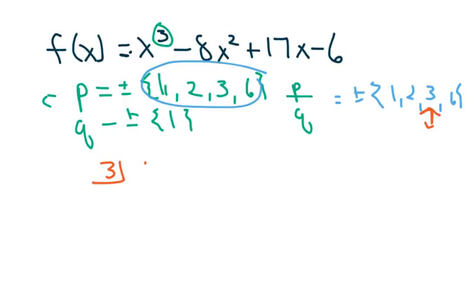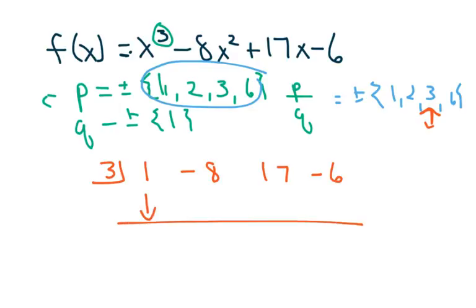So we're going to get, or you can plug it in and do it that way, as I said before. So 17 and negative 6. Alright. Bring down the 1. And we're going to get 3, negative 5, negative 15, add, you get 2, multiply, you get 6.